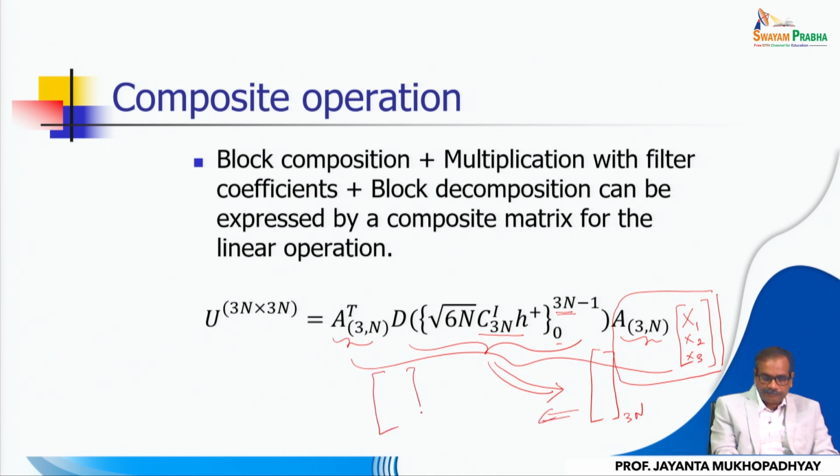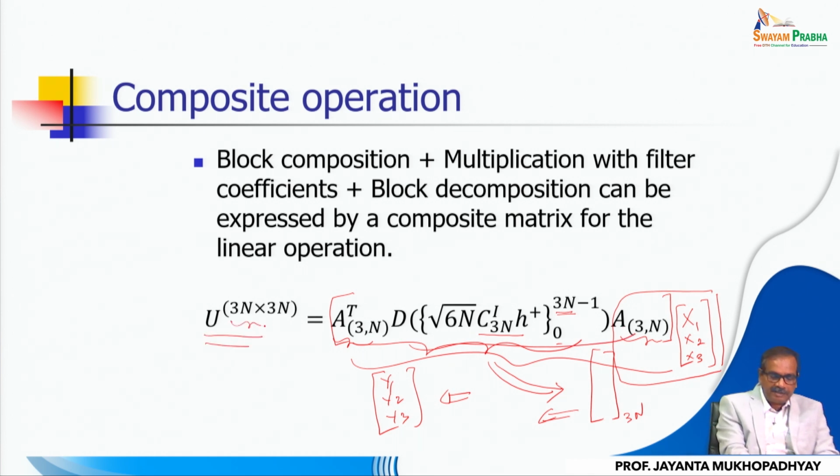That means, in my filtered block also I have y1, y2, y3. What I can do, because these are all linear transformations, I will simply multiply them to make a composite matrix of size 3n cross 3n.